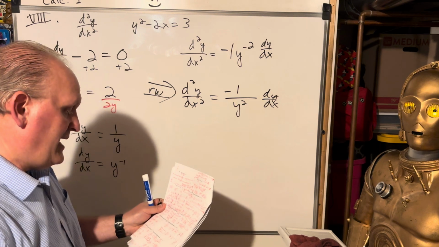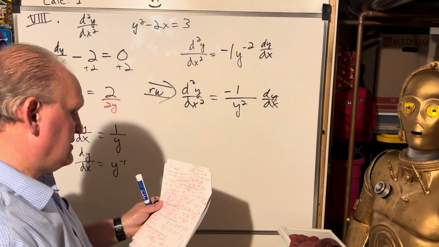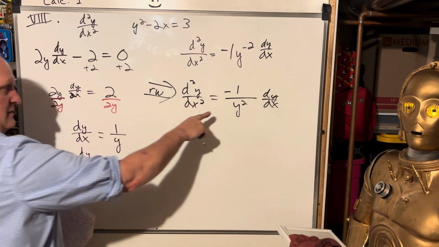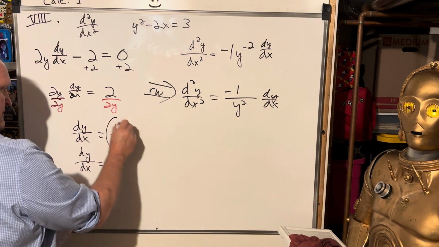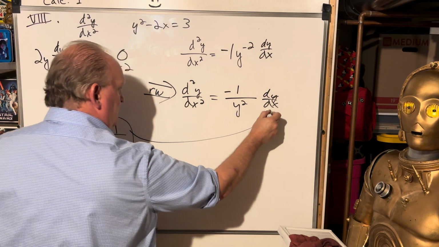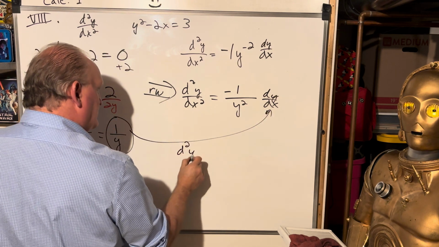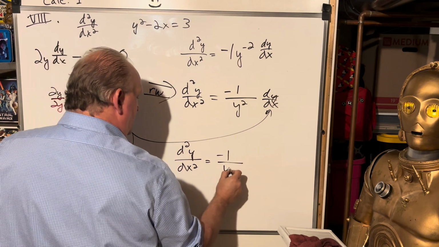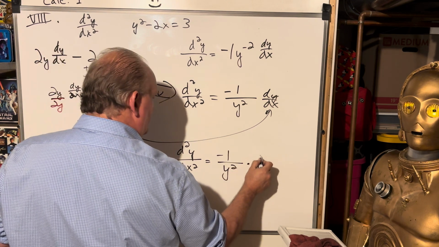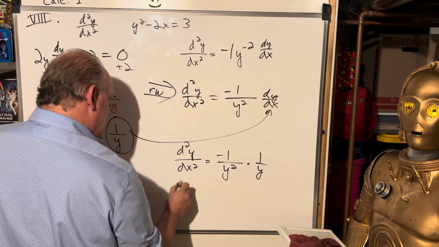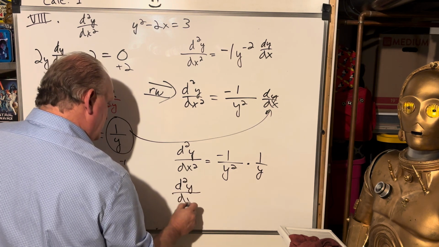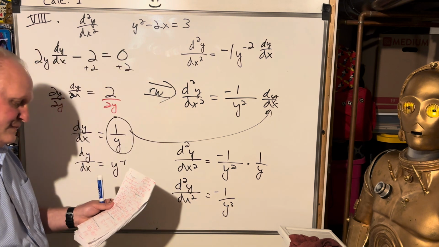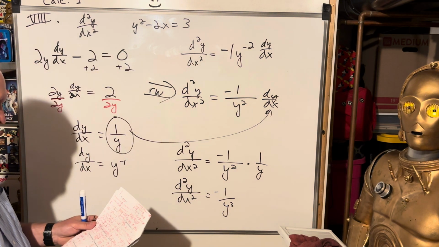But now we have a dy/dx. So I wanna take this and put it in there. So I have my second derivative defined in terms of just y, negative 1 over y squared times 1 over y. So d2y/dx2 is equal to negative 1 over y cubed. And there we have it.